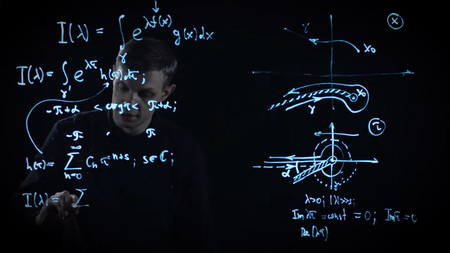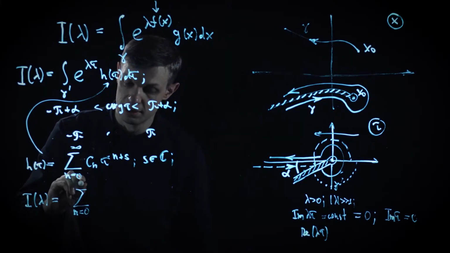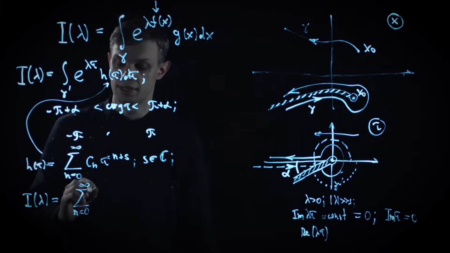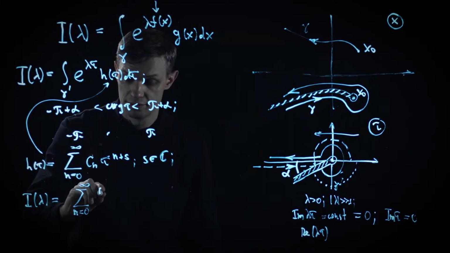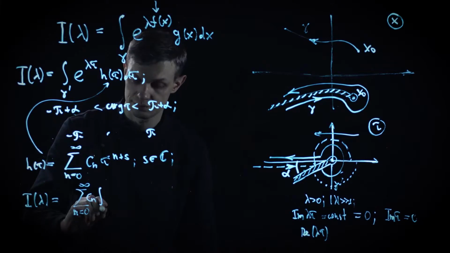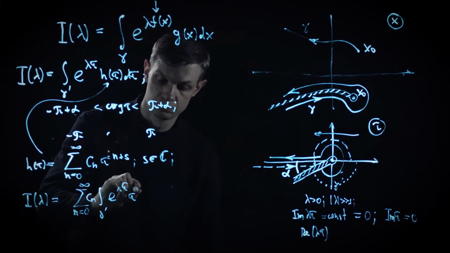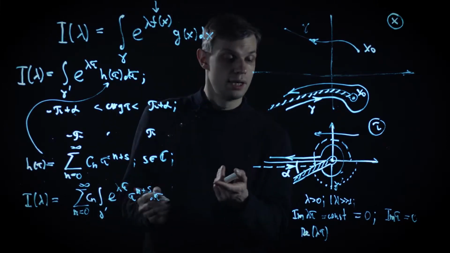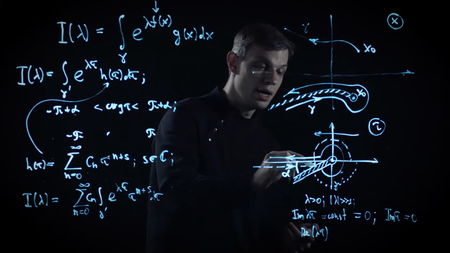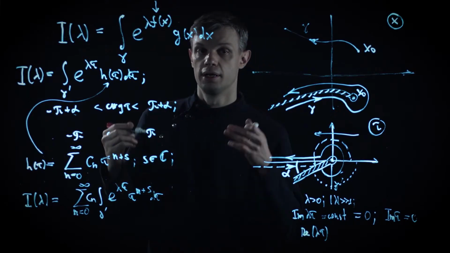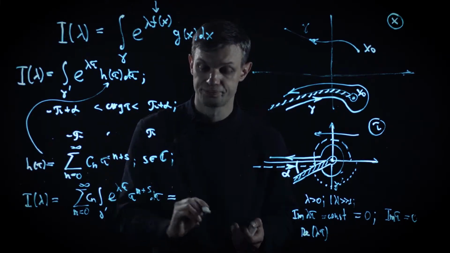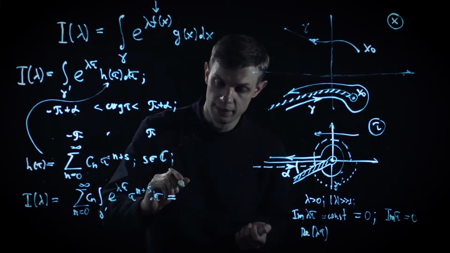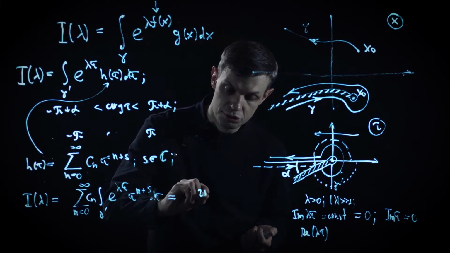The integral is split, decomposed into the sum of very simple integrals. And each of these integrals is just the integral along the Hankel contour. And as you remember, it's a gamma function up to a 2 pi i term.